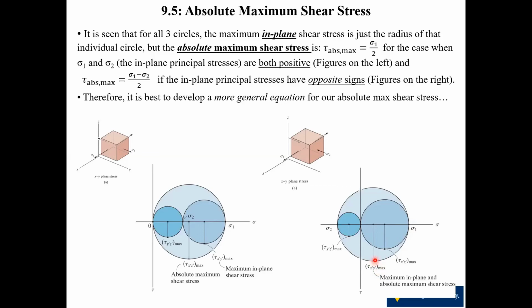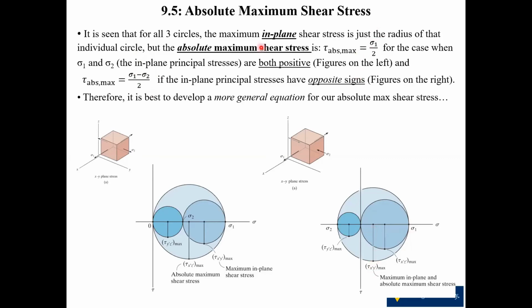Again, as implied by the term absolute maximum shear stress, that means we're looking for the largest out of the 3 possibilities. So that would be found by sigma 1 minus sigma 2, and sigma 2 is a negative number, so you're subtracting a negative, so you're going to get a larger number than you would sigma 1 minus 0, of course, and divided by 2 to give you that radius. So that's the value here.